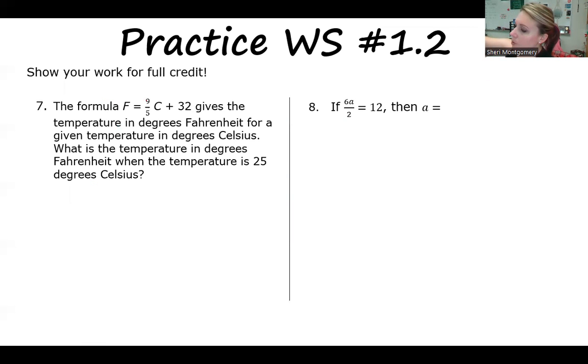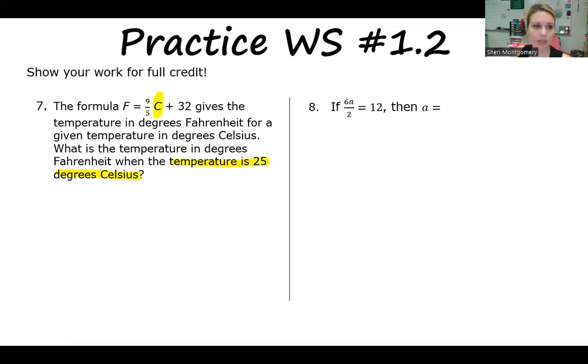Flipping it over, this problem should look familiar. Why? Yeah, it was on the last quiz and enough of y'all missed it that it's back. So this question, it says that we've got this formula for temperature, and then it says the temperature is 25 degrees Celsius.